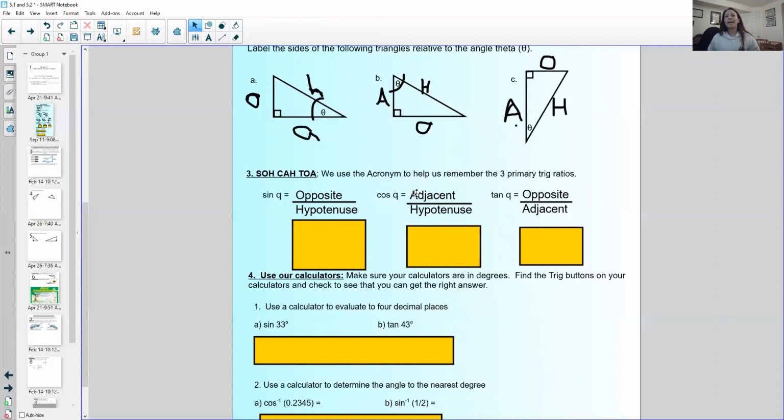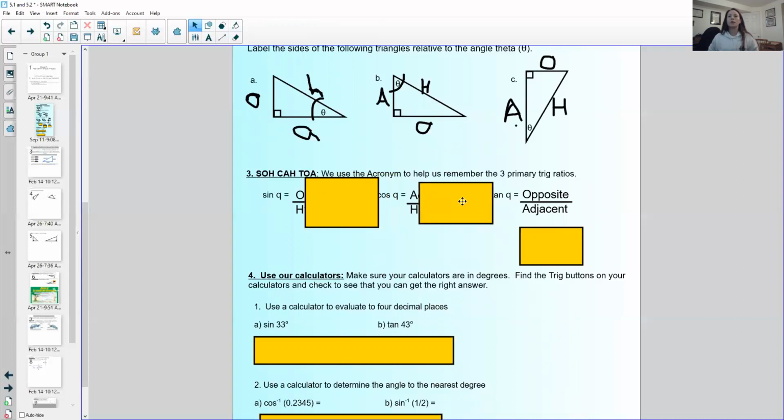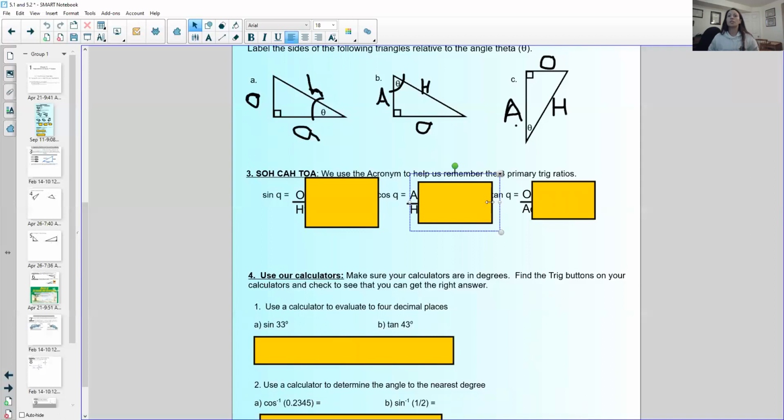Now, you have to have these memorized. In order to do any of the questions, you need to know which trig ratio deals with which fraction. So let's look at sine, opposite over hypotenuse. I'm going to say O for opposite and H for hypotenuse. A for adjacent, H for hypotenuse, and O for opposite and A for adjacent.